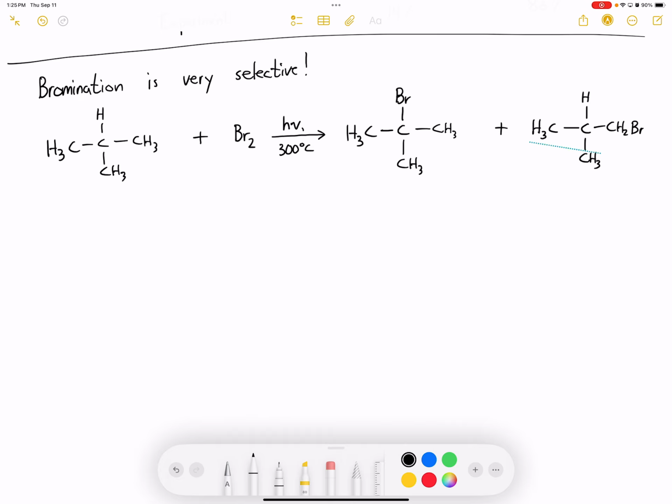Well, this is very selective. Does anyone have a guess what the ratios are? Well, let's just say what the ratios should be, okay? They should be, as we saw before, 10 to 90, right? We should say only 10% of the first product and 90% of the other product. But now let me ask you, what do you guys think the actual ratio is if it's very selective?